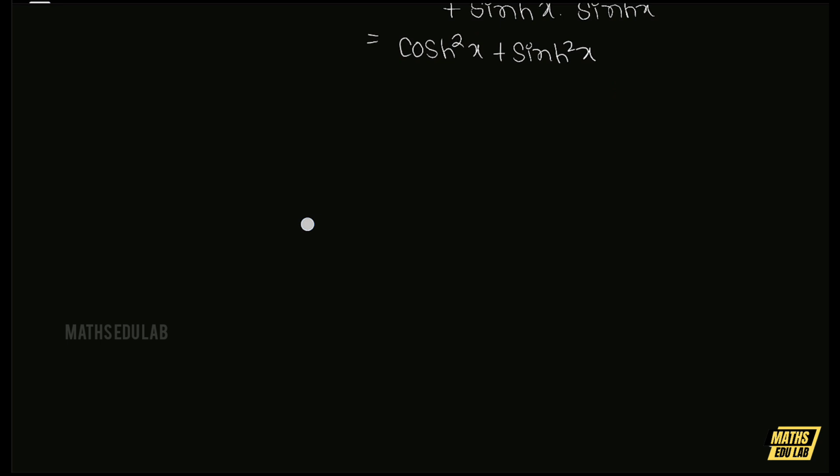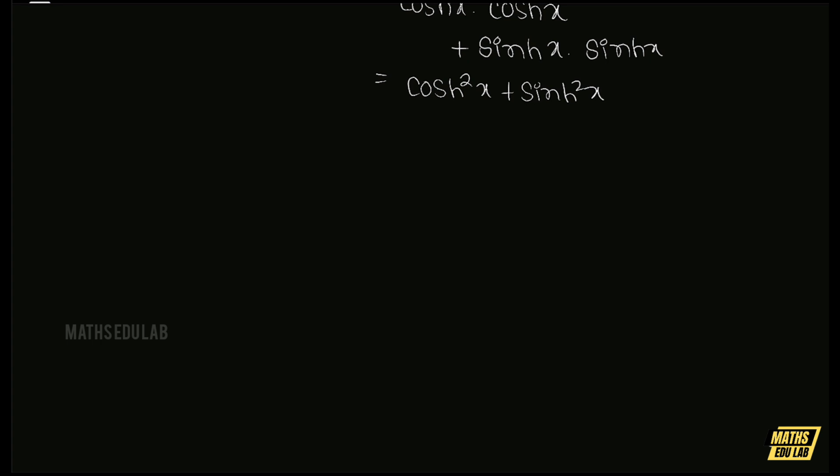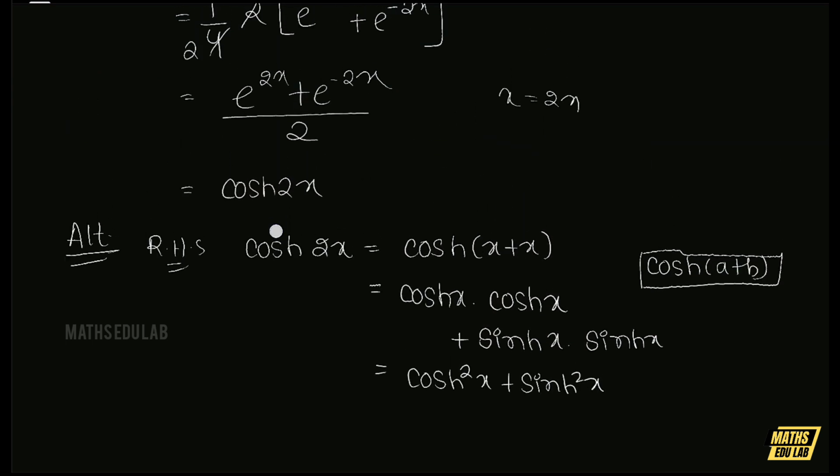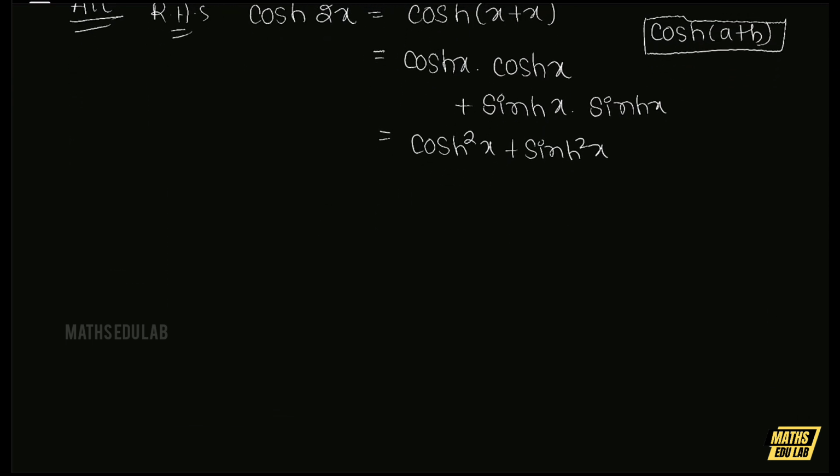Now let's go for the next formula. That means there are formulas of cosh 2x: 2 cosh square x minus 1. So the first formula for cosh 2x is cosh square x plus sinh square x. This is one of the formulas for cosh 2x.